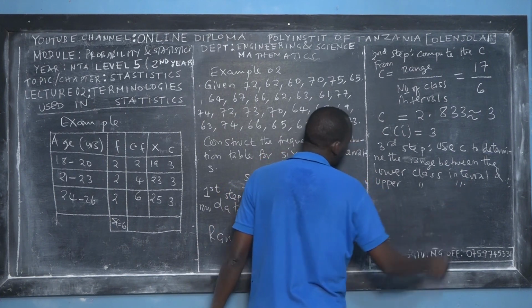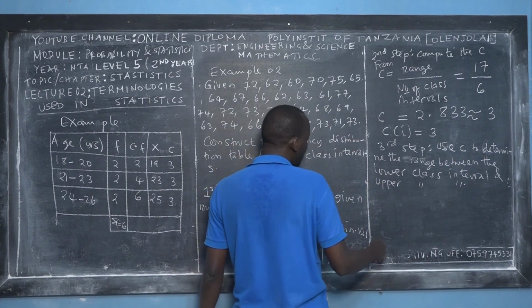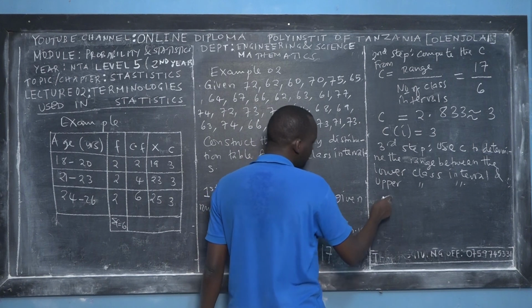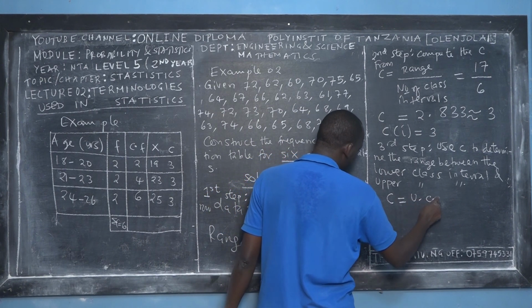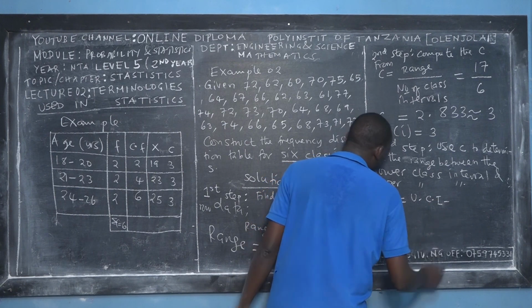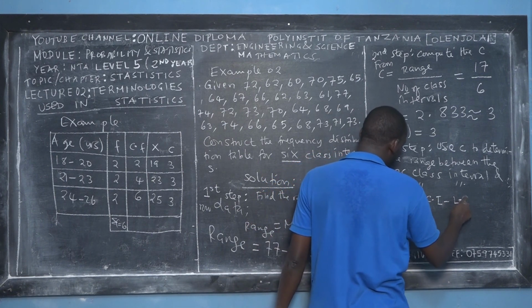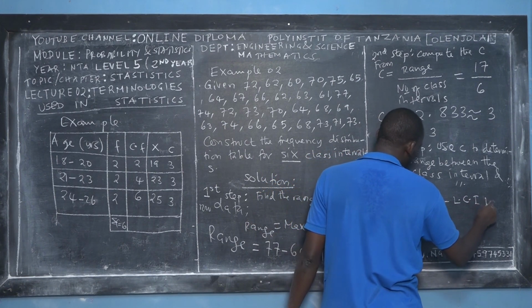So how do you use the class size? Remember the formula that I told you. The class size is equal to the upper class interval minus the lower class interval plus 1.